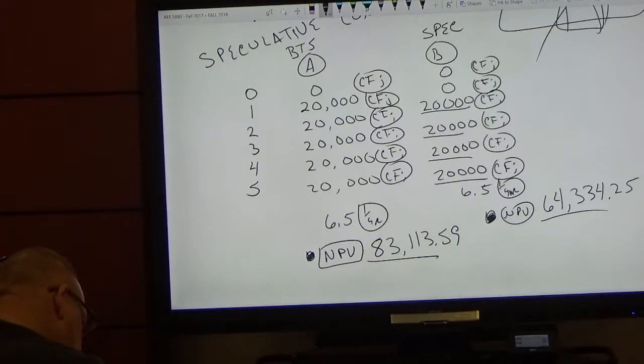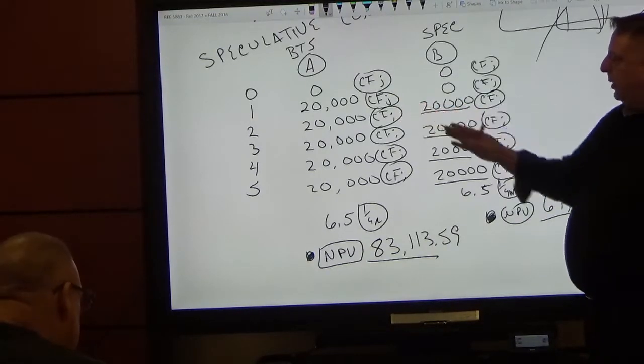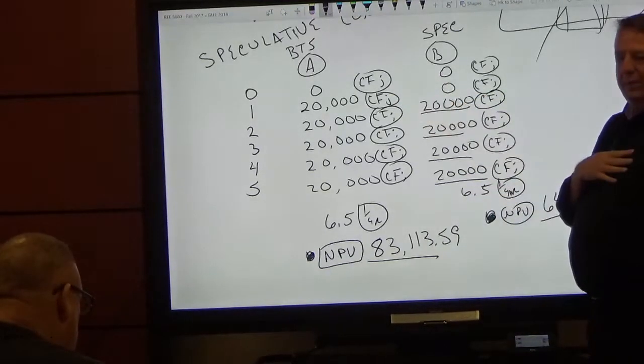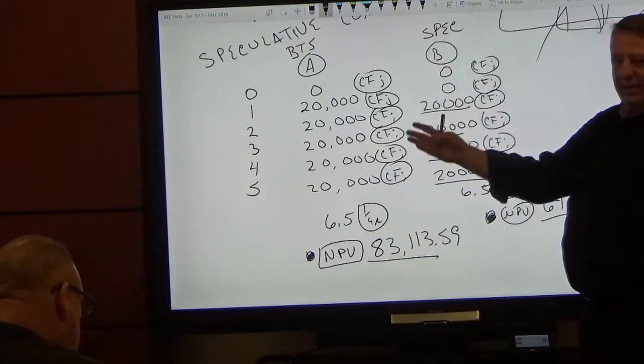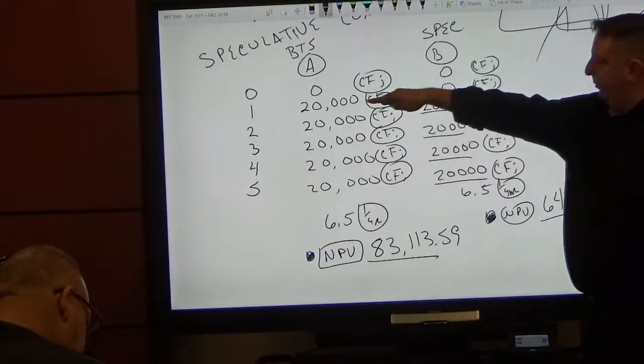Okay, everybody with me? Who's the they? The owner. In both instances, these are cash flows that we are receiving as the owner of the property. So the tenant, whoever the tenant is, is paying us these cash flows.